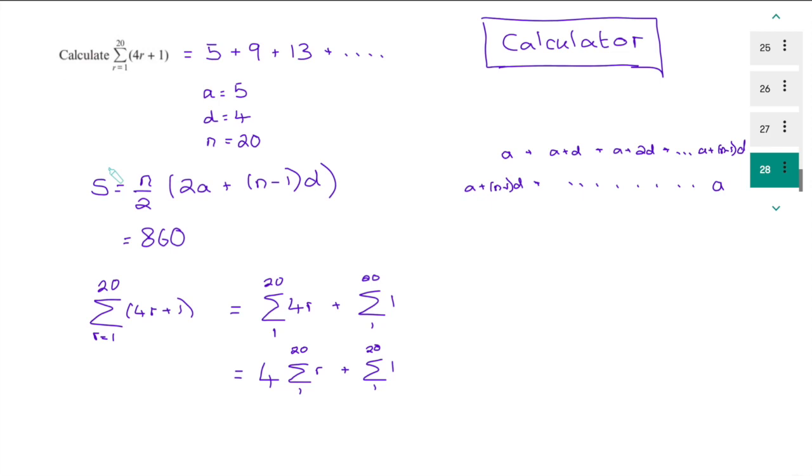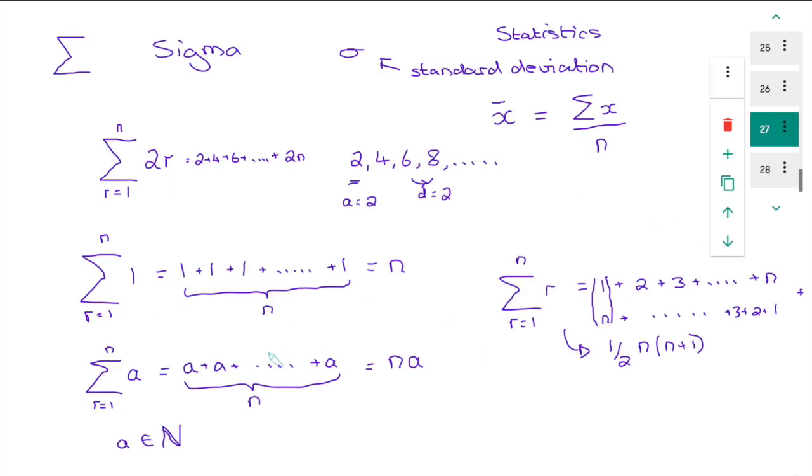Instead of having to remember this formula, we've broken it down into two very simple things which we had on the previous page. Okay, let's flip back up just to prove it. So you need to know the sum from 1 to 20 of r and the sum from 1 to 20 of 1. Well, there you go. The sum from 1 to n of 1 we said was just n, and the sum from 1 to n of r is a half n (n plus 1).